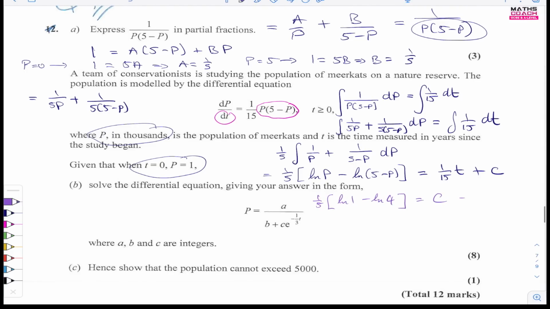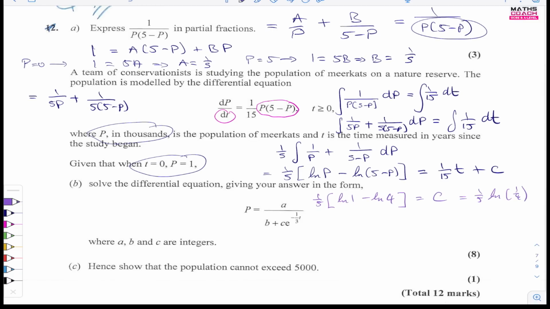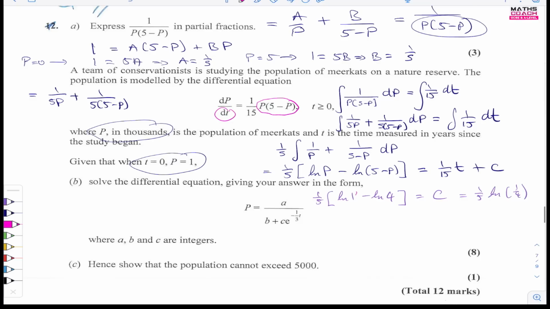So c is basically going to be equal to 1/5 of ln of 1/4. ln 1 minus ln 4 is ln of 1 over 4. Hang on a second, but ln 1 is 0, so I can just make my c equal to minus 1/5 of ln 4.